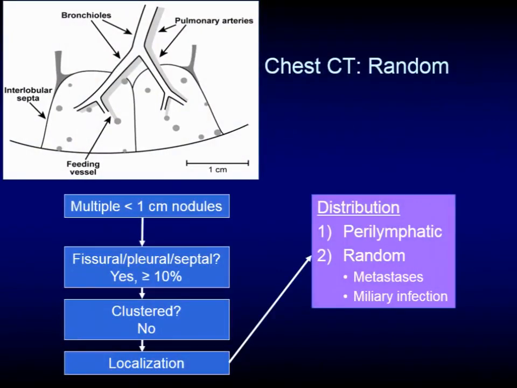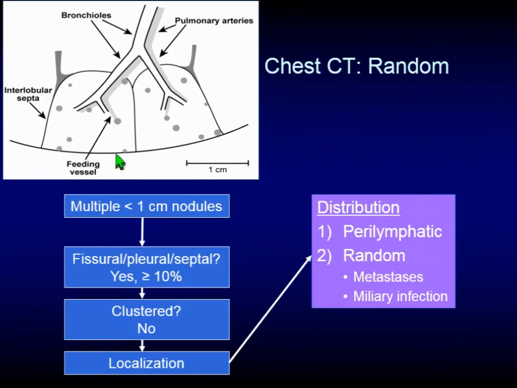All right, so now we're talking about random nodules and moving away from perilymphatic. Here again, you can see nodules fairly well defined, well marginated, and carrying a little bit of soft tissue density, or at least more than just simple ground glass. Now, when you ask the question, are they involving the lymphatic surfaces?